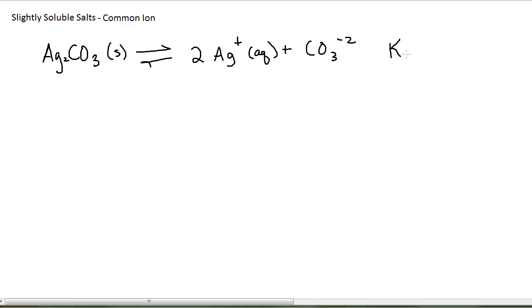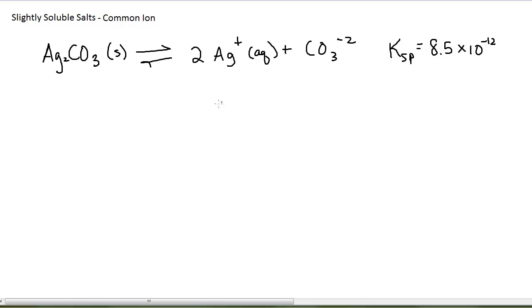This equilibrium has a KSP value that I can look up in a table. The table in our textbook lists this as 8.5 times 10 to the minus 12. It's a very small value for the equilibrium constant because this is an insoluble salt, which means it's only slightly soluble.